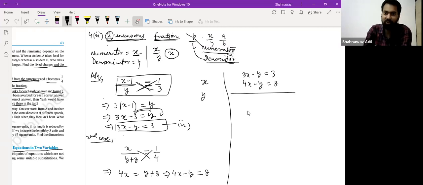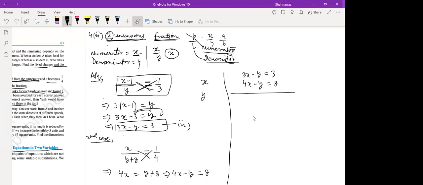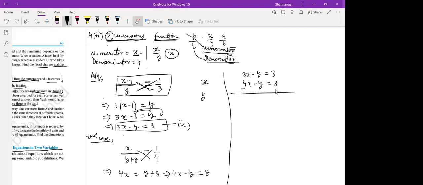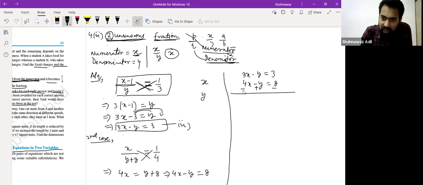So what should we use, Adil? What is your favorite method? You want me to apply the cross multiplication, elimination, or what? Elimination. Elimination, right? Good choice. So this would be minus, and this would be plus, and this is minus. So this cancels. 3x minus 4x will be what?